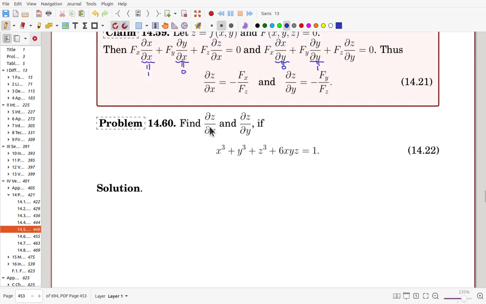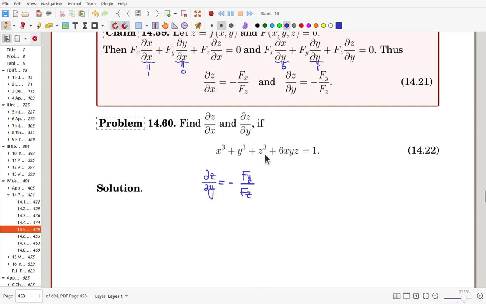Find round z over round x and round z over round y if x, y, z, an implicit function, is defined in this way. Here we assume that z is a function of x, y, so that we can get those partial derivatives. We'll try to find only one here. Round z over round y. Then from the formula, it is the same as minus f sub y over f sub z.